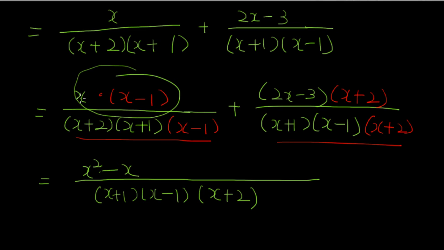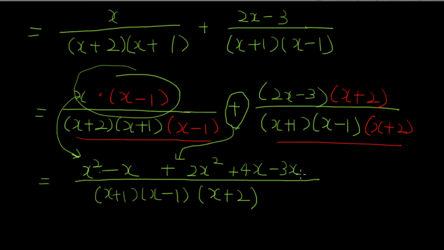So this becomes this. Plus. That plus is this plus. Now I'm going to expand it. So 2x times x, 2x squared, 2x times 2, 4x, negative 3 times x, negative 3x, negative 3 times 2, negative 6. Just like this.